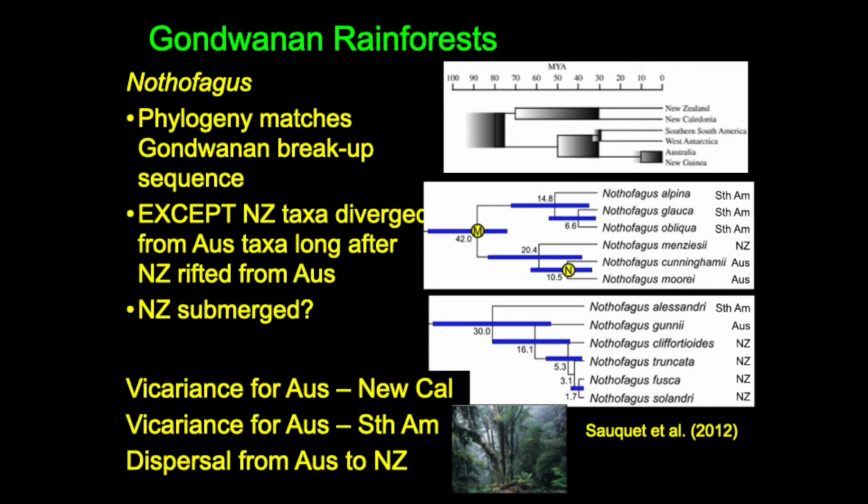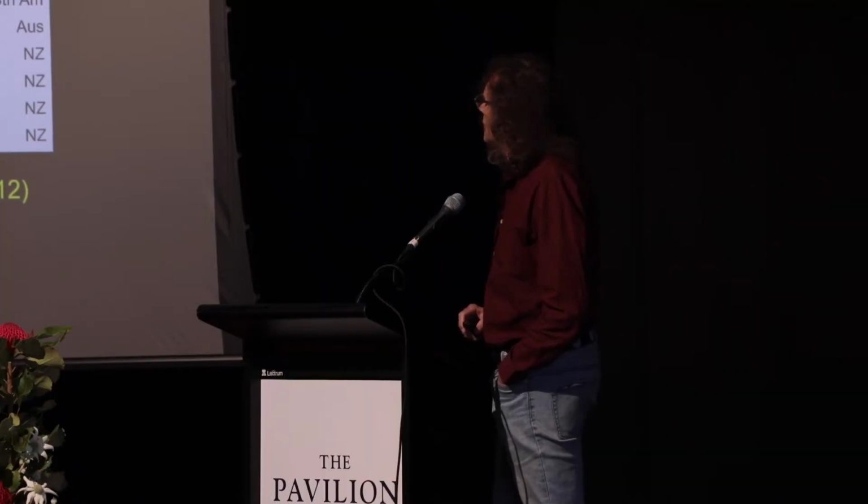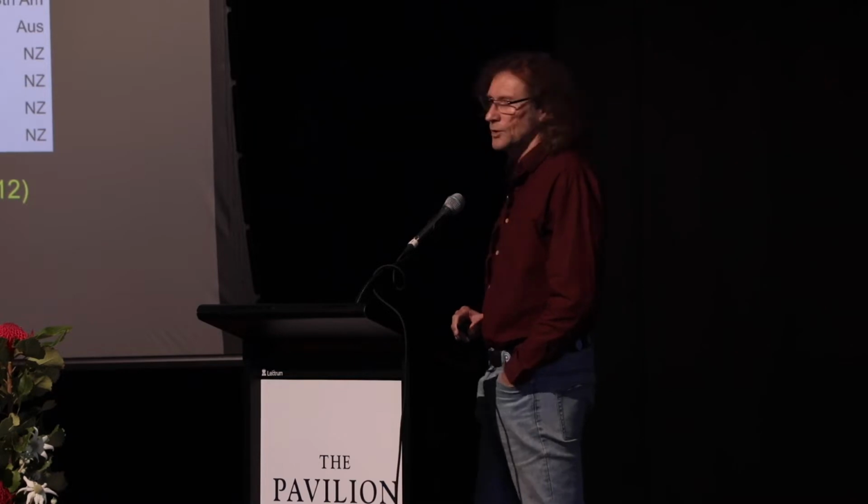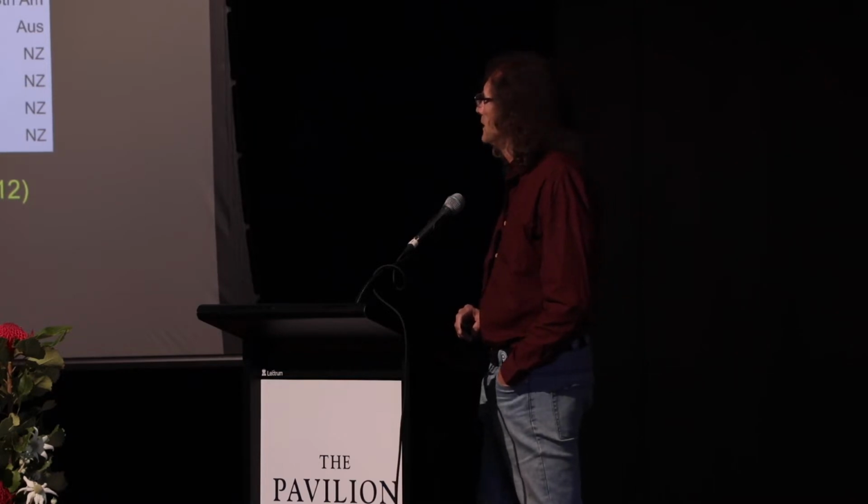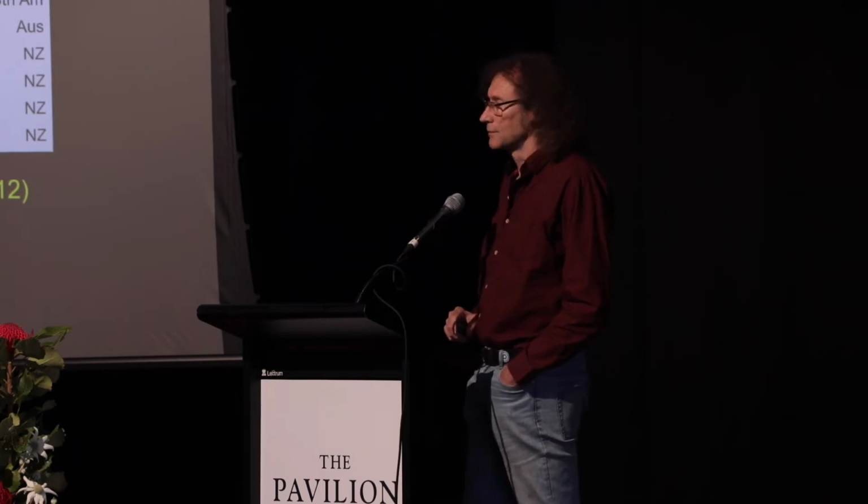And there's one of those anomalies right here, Nothofagus menziesii, which is one of the New Zealand beeches. And there it is, sitting closely related to Australian taxa, the myrtle beech from Victoria and Tasmania, and Nothofagus moorei, which is the one we have here in northern New South Wales.